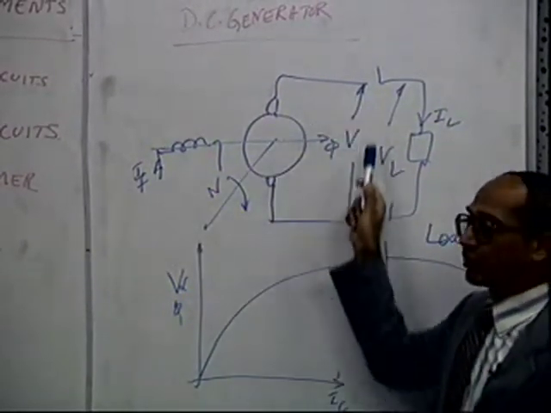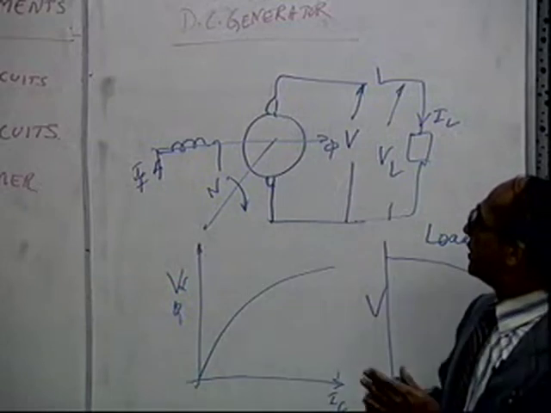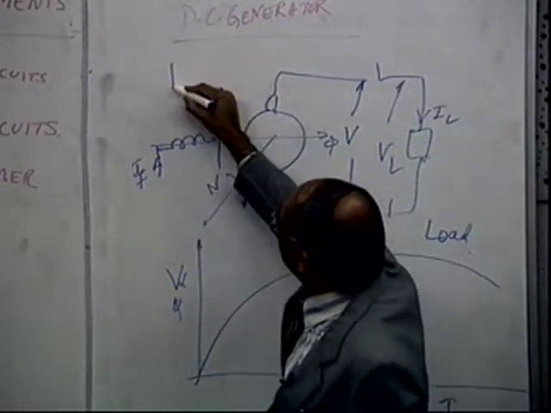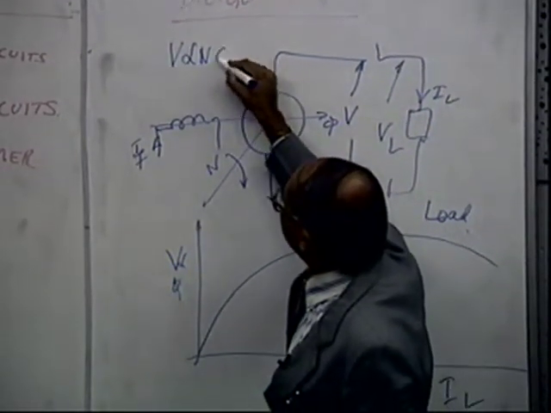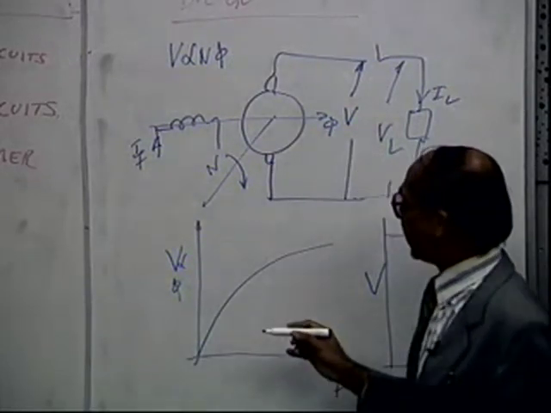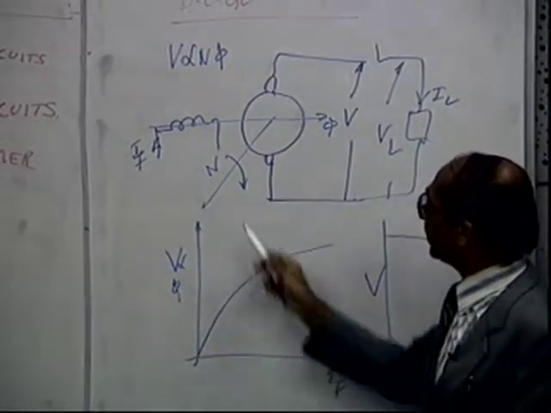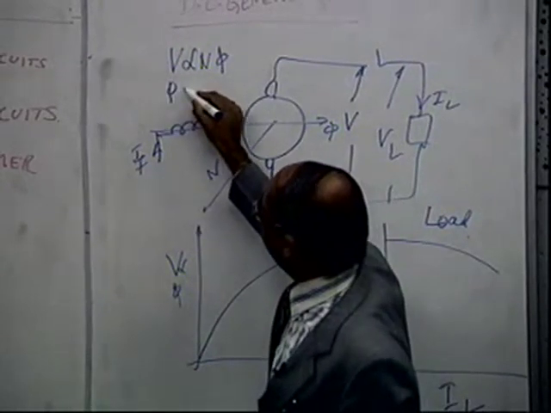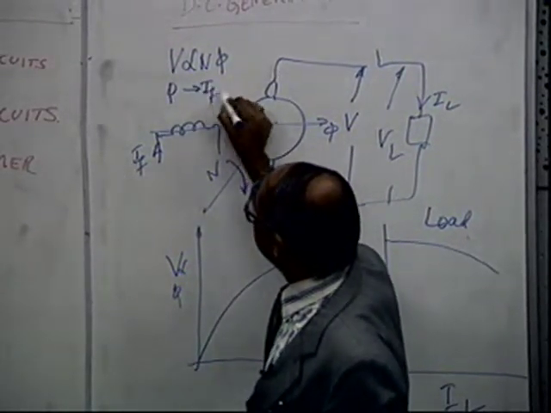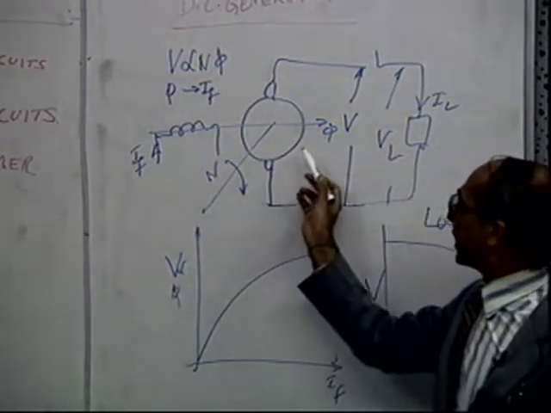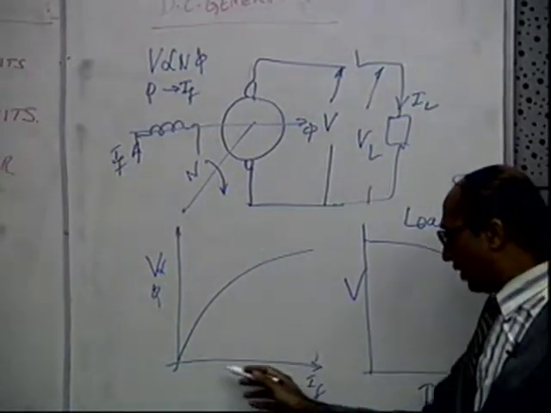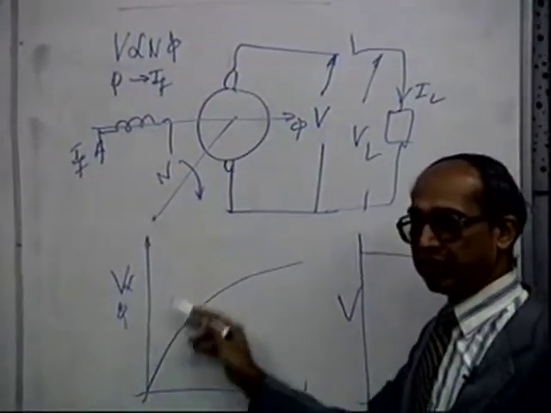By this rotation it induces a voltage, and this voltage is proportional to the speed and the flux. This flux is normally related to the field current. If you increase the field current, the flux will increase, and the voltage will increase.